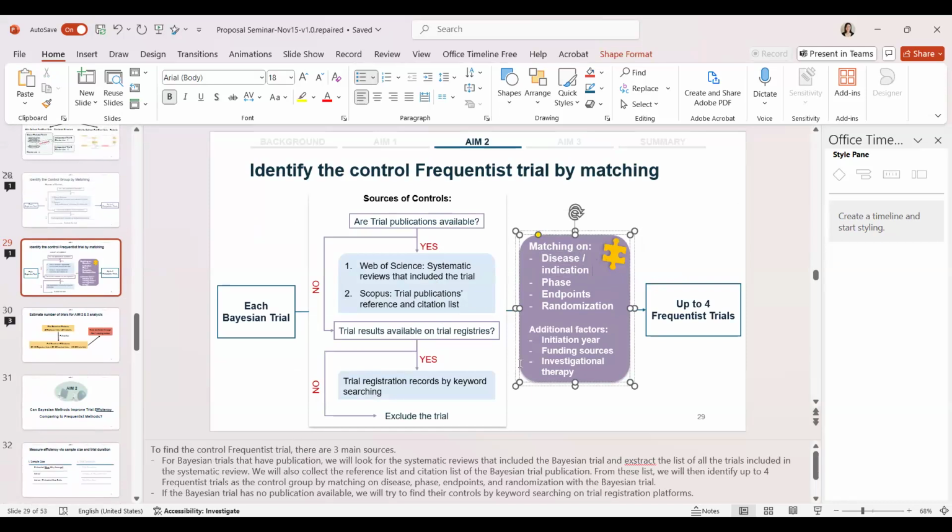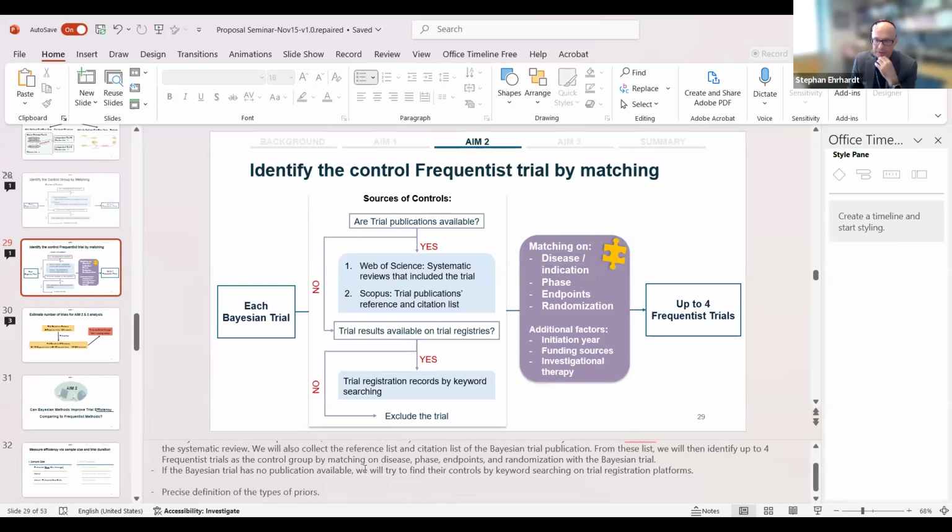I will need to explore how stringent I want the matching to be. Regarding disease prevalence, I'm also thinking of putting whether or not the disease is rare as a binary indicator in the model, because that does affect the sample size calculation and also trial duration.